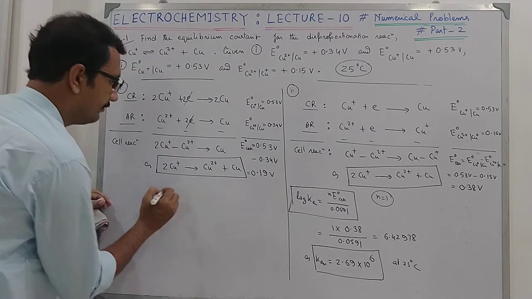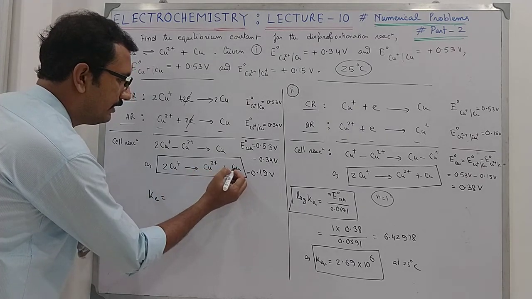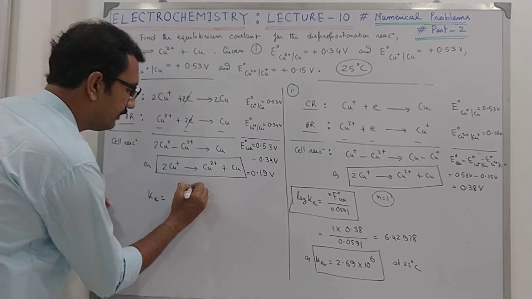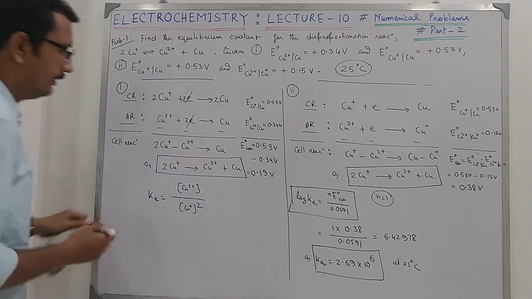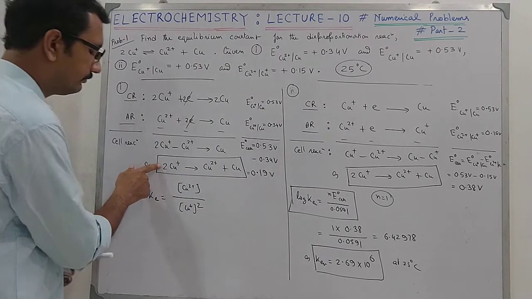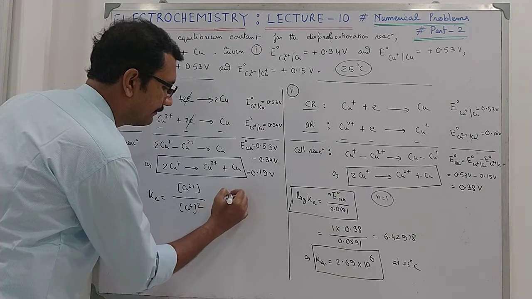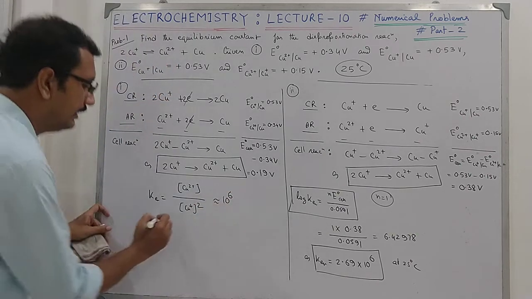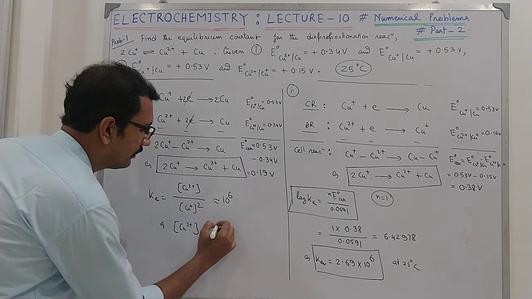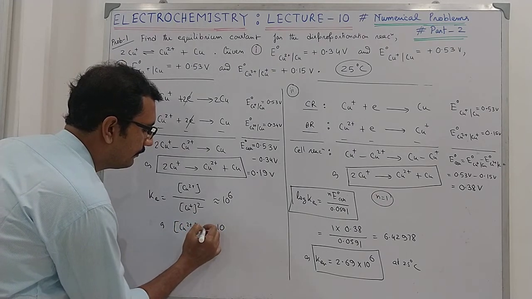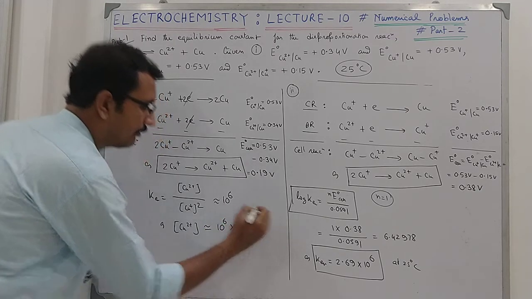So, K equilibrium for this reaction will be the activity of Cu. Now, the activity of pure solid is 1. So, it will be the product Cu2+ by Cu+ whole square, since here it is 2. Now, if it is of the order of 10 to the power 6, then it will imply that Cu2+ is almost equal to 10 to the power 6 times that of Cu+ whole square.